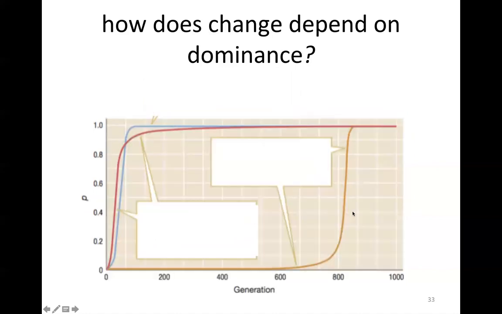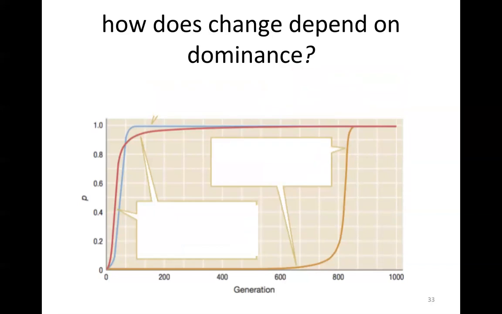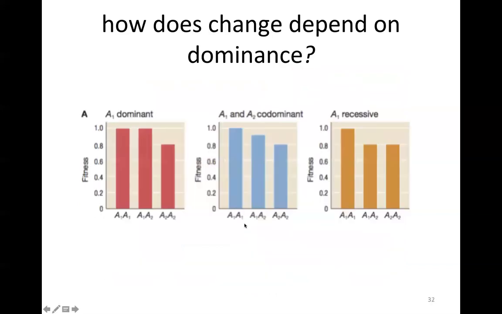In fact, the most efficient selection happens when the beneficial allele is codominant, because it will start increasing really fast, but then it will also fix relatively fast. That is because the copy number of the A1 allele is directly influencing fitness.